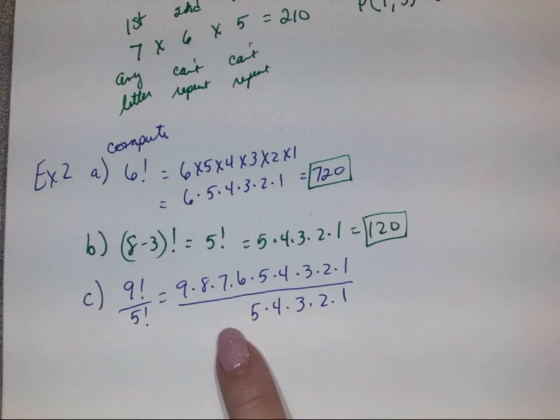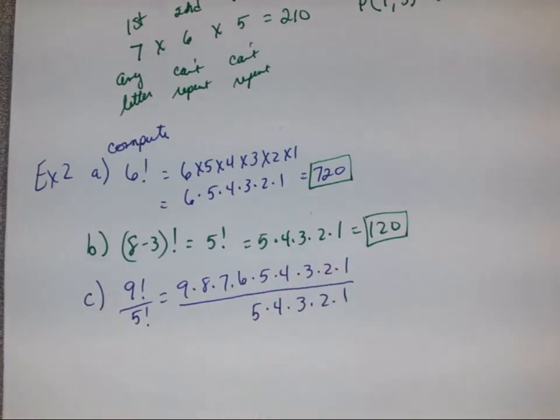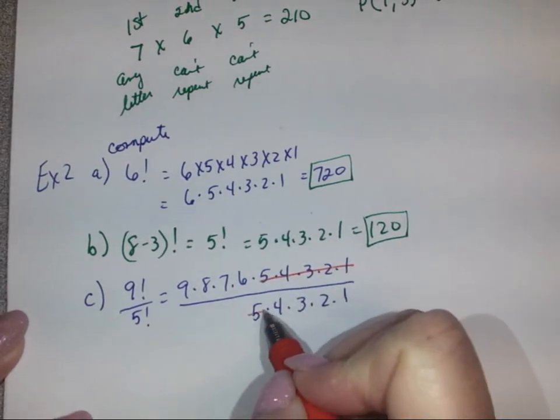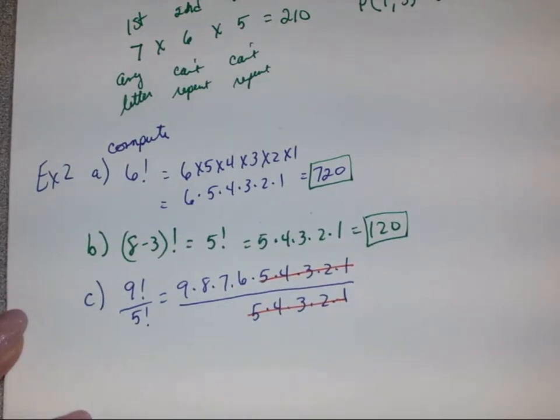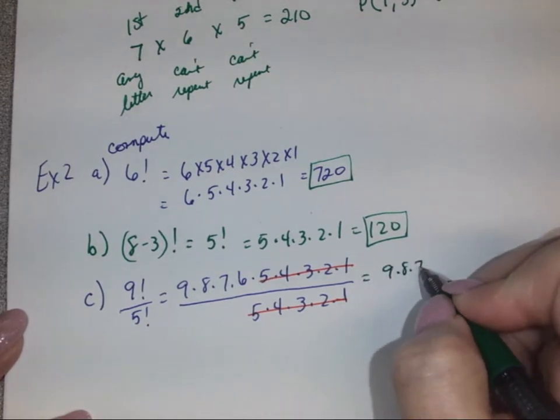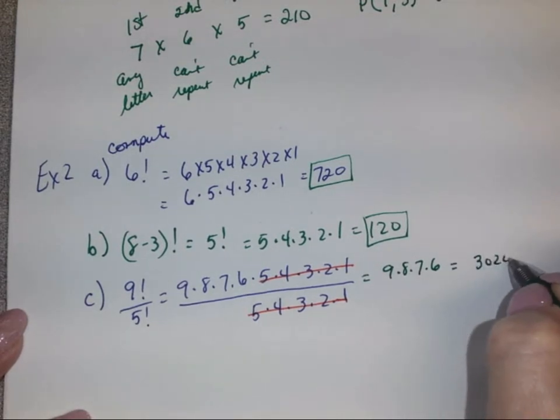Now if you notice, from 5 on down, they match. So these would all cancel with these. So we end up with 9 times 8 times 7 times 6, which will get us 3,024.